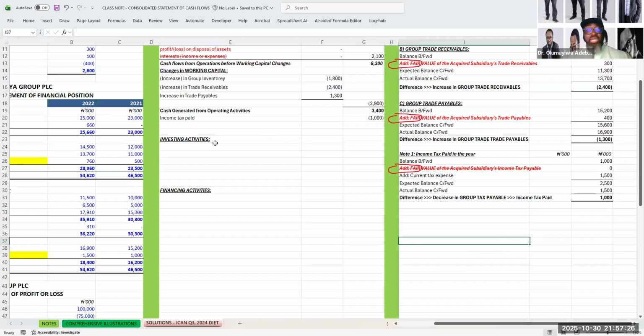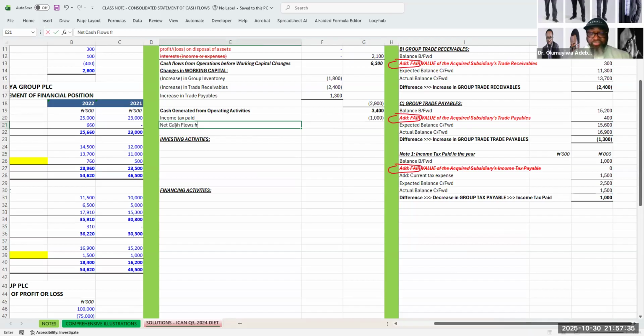Therefore, at the end of the day, all things being equal, my net cash flows from operating activity is the sum of this.